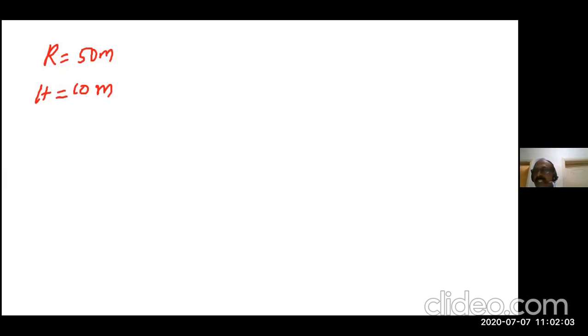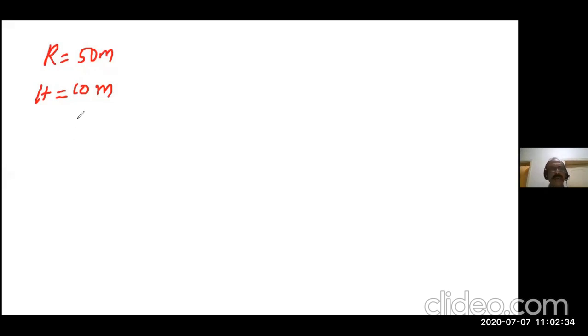Calculate the angle at which the projectile is fired.